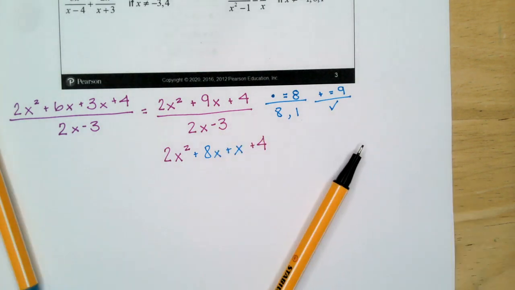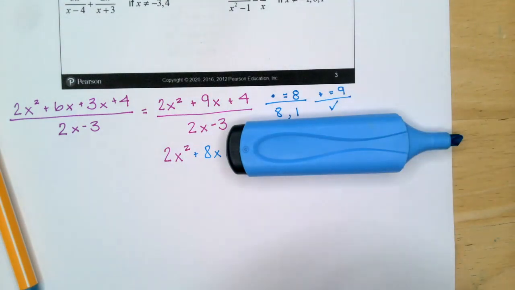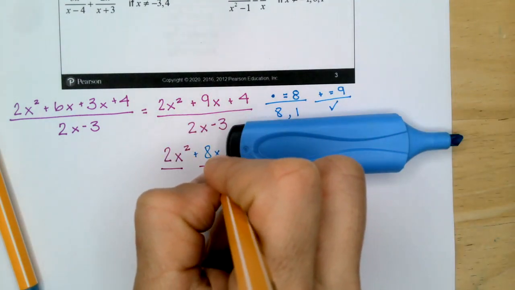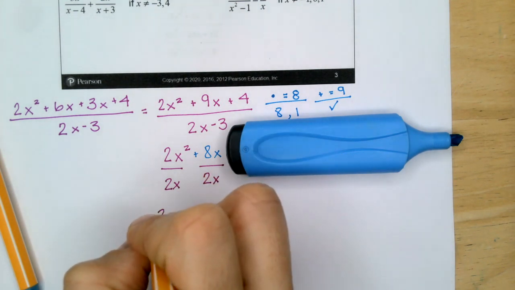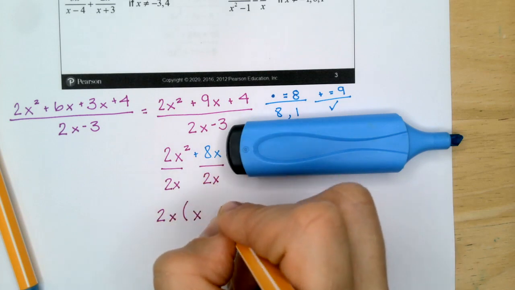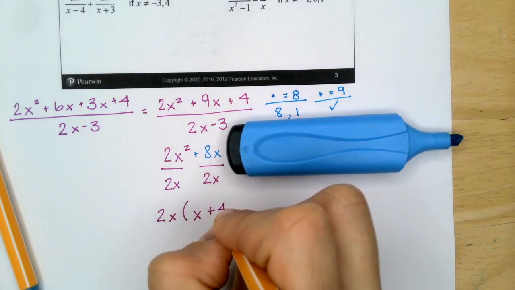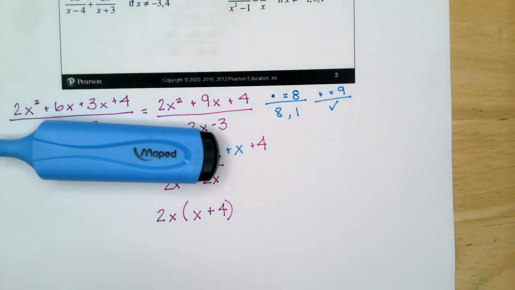2x squared plus 8x, right? I can divide them both by 2x. So that's 2x. 2x squared divided by 2x is x. 8x divided by 2x is 4. On the other side, we've got plus x plus 4.